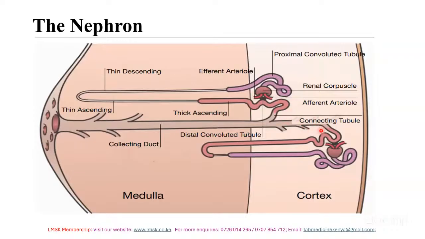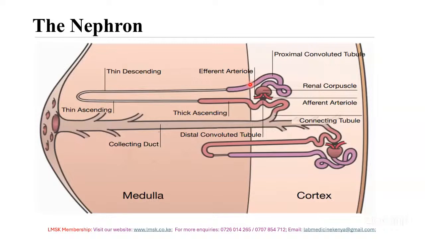We have another nephron here. So this one is one unit, another one here, and there are so many others like this present in our kidneys. So this is basically the structure of these particular nephrons, and I need us to keep it in mind as we look at the renal function tests, because each and every section of the nephron has its own role.